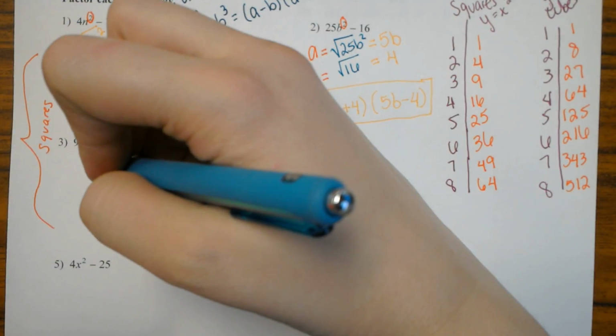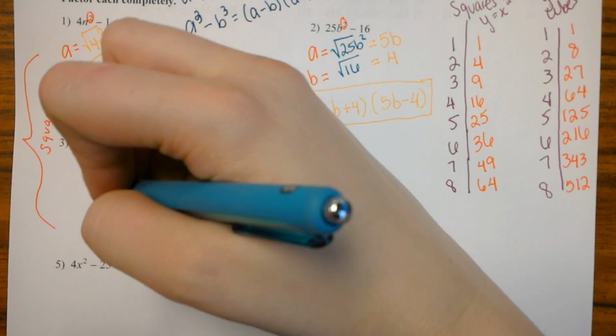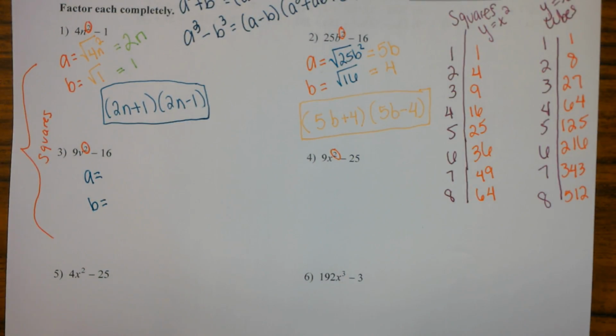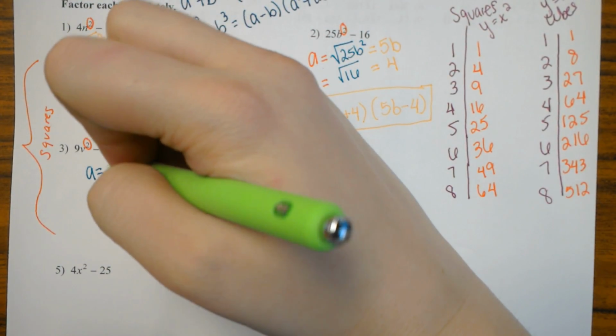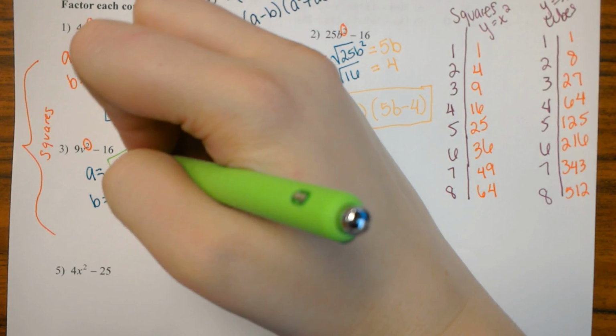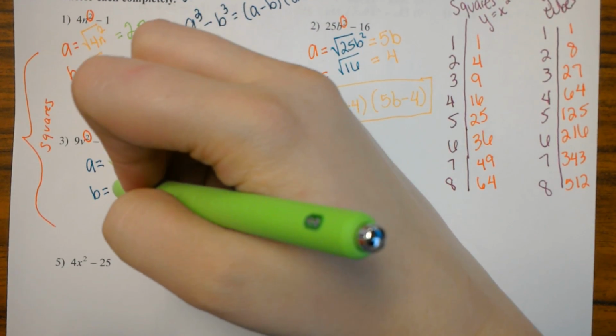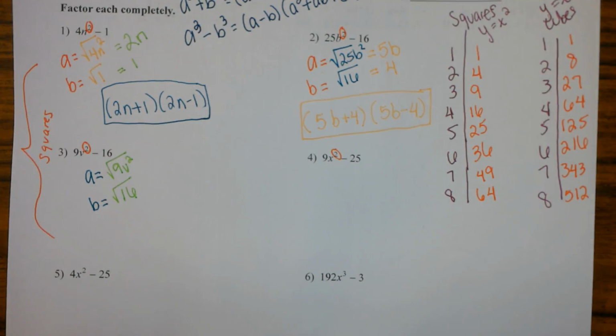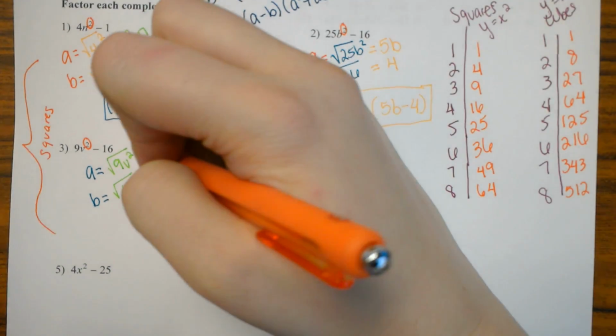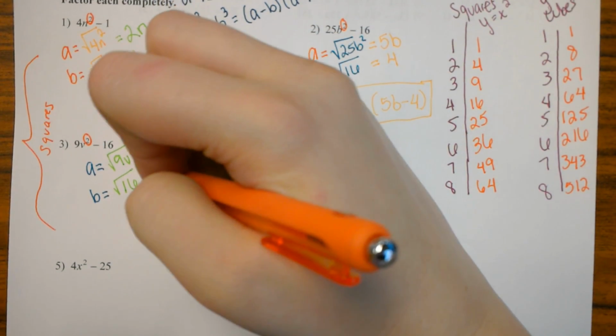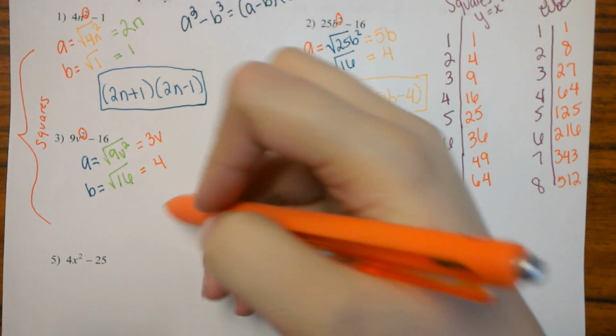So on number 3, find a and b. A is the square root of 9v squared. B is the square root of 16. A gives me 3v. B gives me 4.